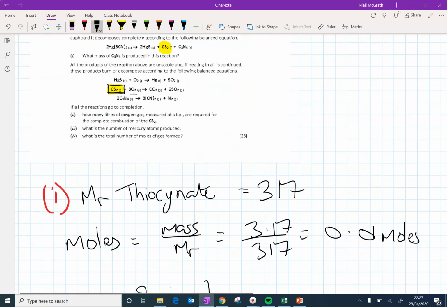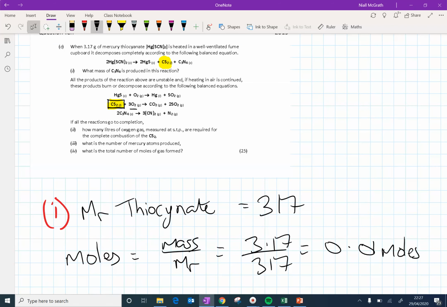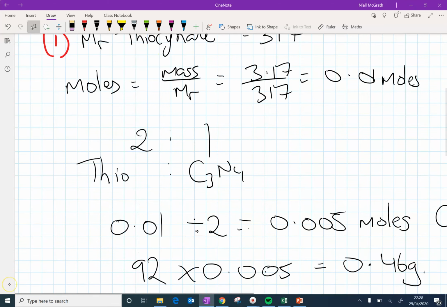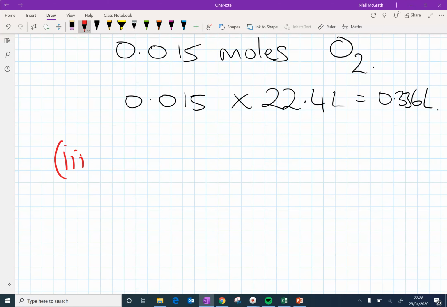Part 3 then, what is the number of mercury atoms produced? We have 0.01 moles of mercury.